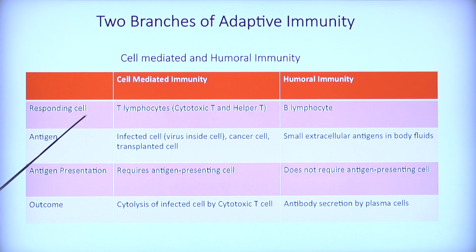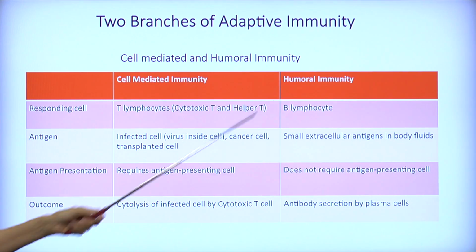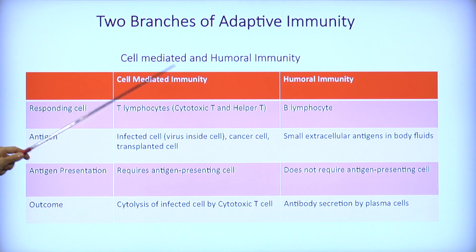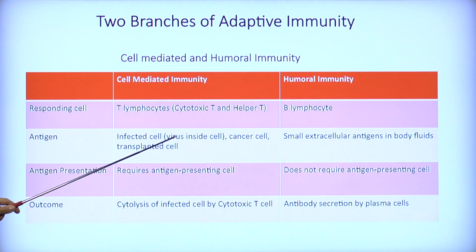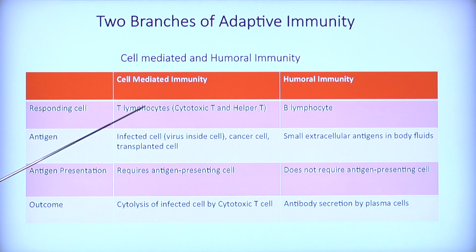Who is the responder in the humoral immunity? It is the B lymphocyte. How about the antigen? In the cell-mediated immunity, the T lymphocyte can only recognize antigens in the form of cells. It has to see a big cell, an infected cell, a cancer cell, or a transplanted cell, and it can attack it.